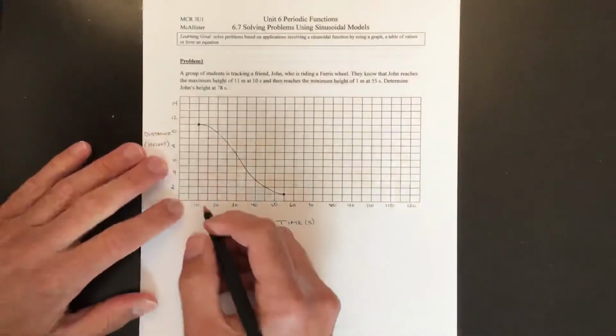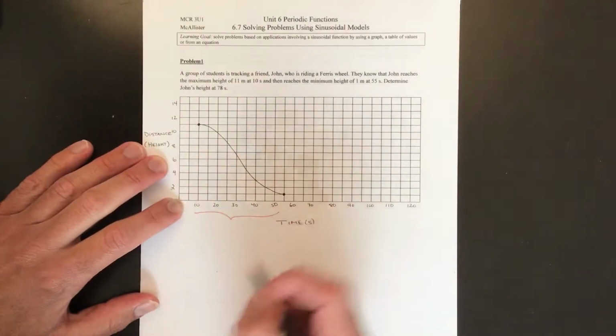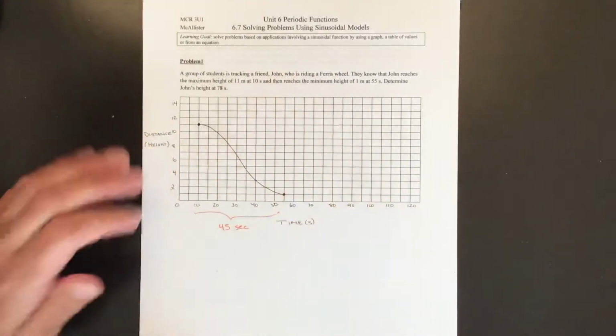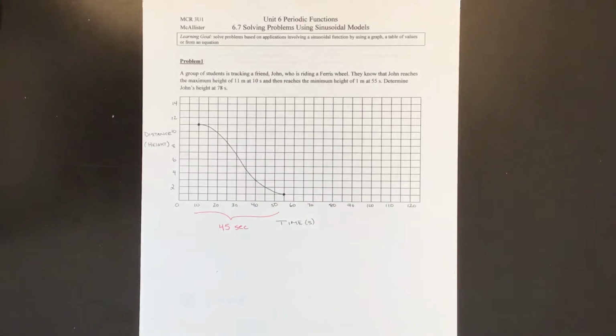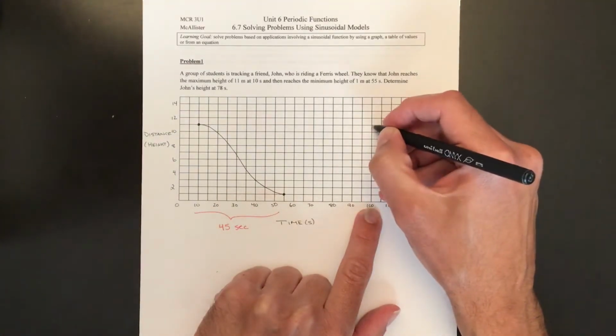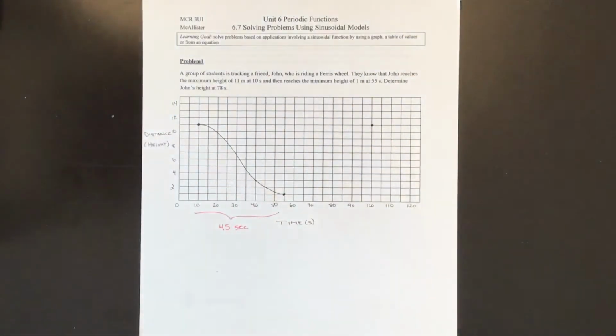So if we start at 10 to 55, it takes him 45 seconds to get from the top to the bottom, which means it would take another 45 to get from the bottom back up to the top. So 55 plus another 45 takes us to 100. And then we're back up to the top at 11 meters, right?